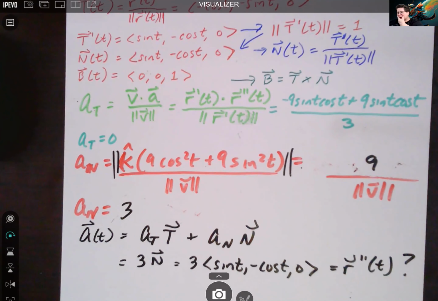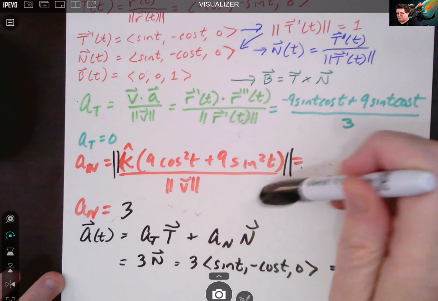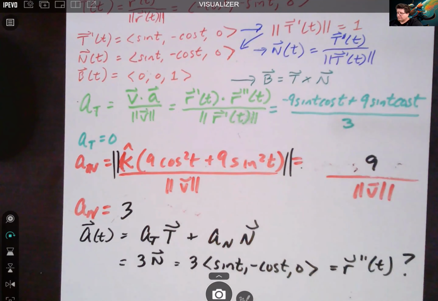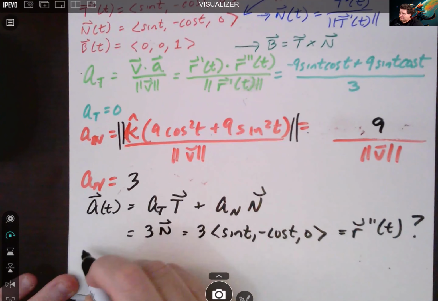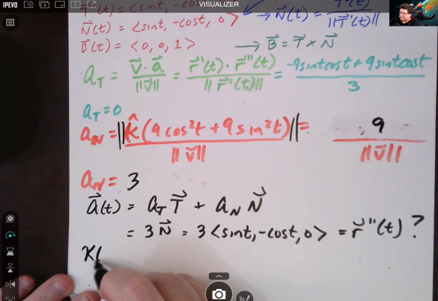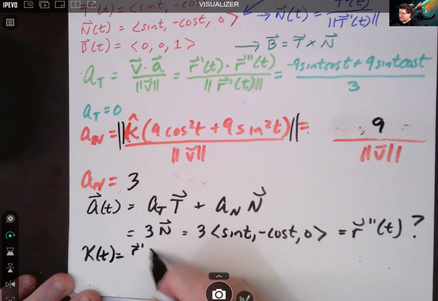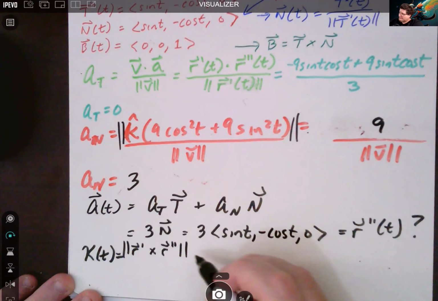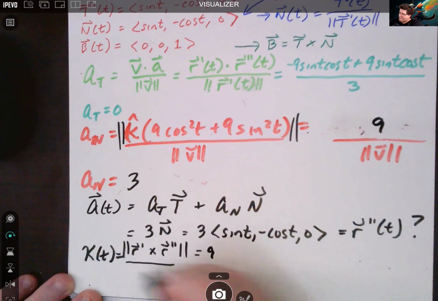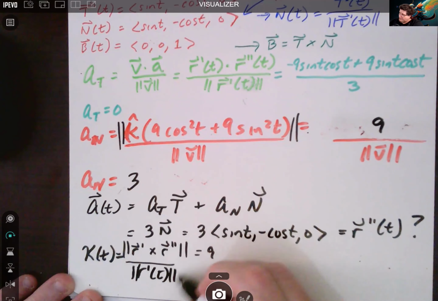Now, what did we want? Well, we wanted to do kappa. What's kappa? Kappa is almost identical to the calculations we did for a_N. Kappa is the magnitude of r prime cross r double prime, which we just calculated was 9, divided by the magnitude of r prime cubed.